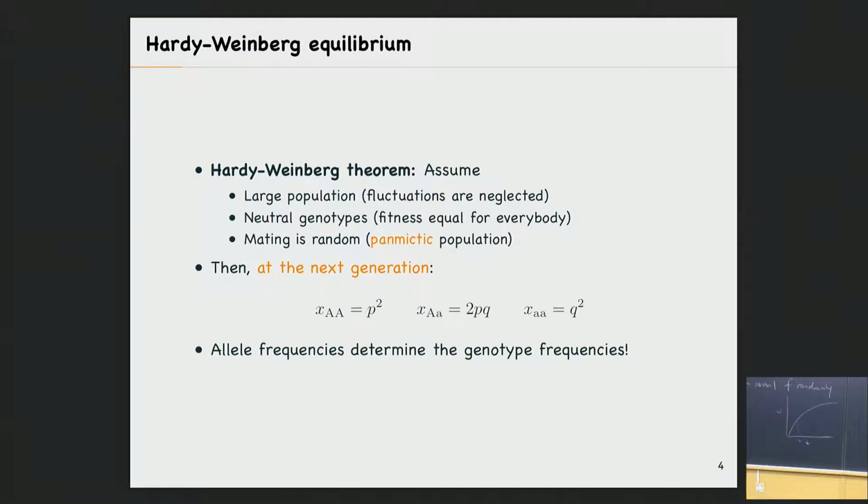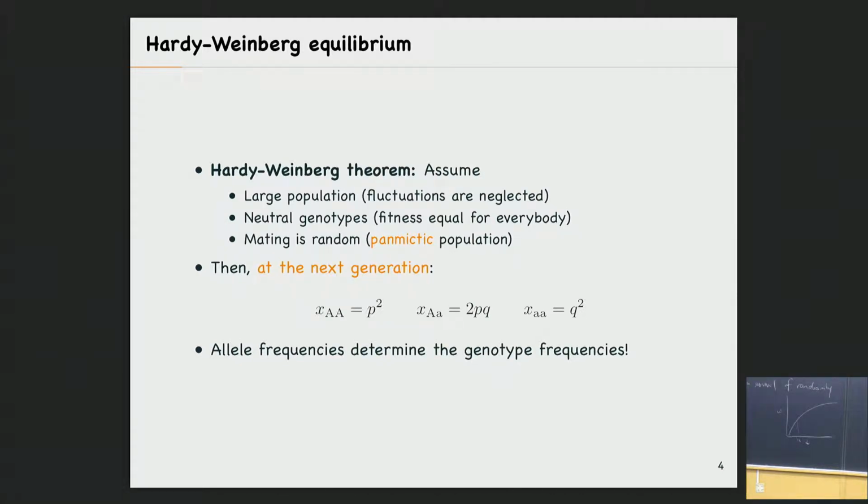And then you find that if some conditions are satisfied that we are going to discuss, the frequency of the genotypes can be expressed by the frequency of the alleles themselves. So what are these assumptions? First of all, you have large populations. That means that you forget about the sampling fluctuations that we are going to discuss later.